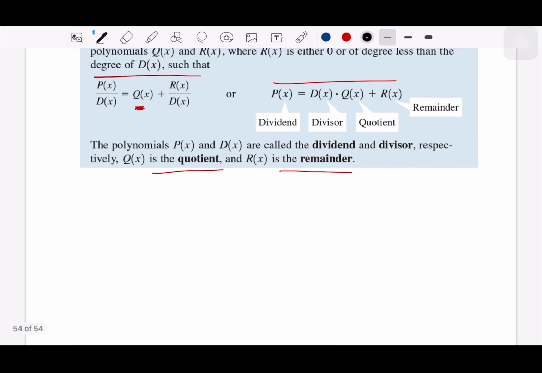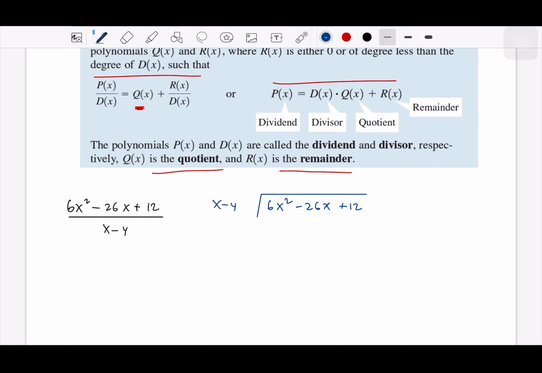Okay, for example, 6x squared minus 26x plus 12 divided by x minus 4. So we could start with just usual division like we learned in elementary school, I believe. But we need to divide this by x minus 4.